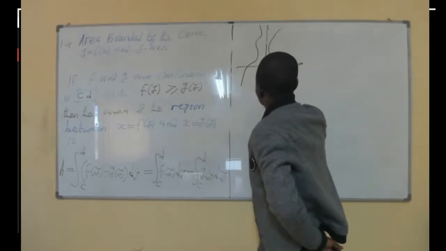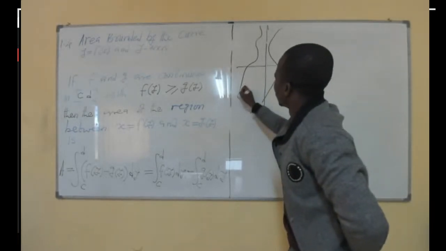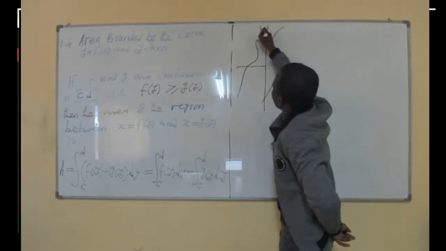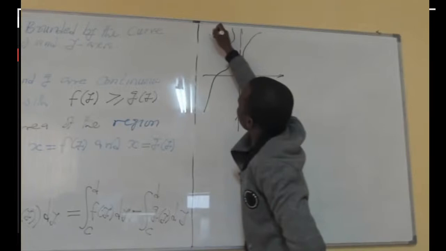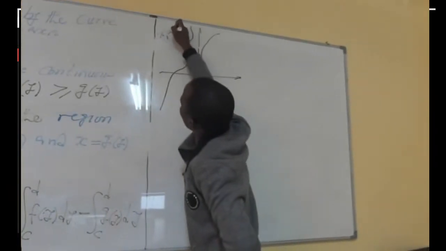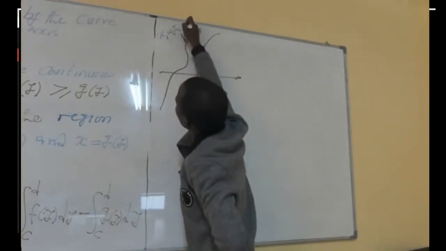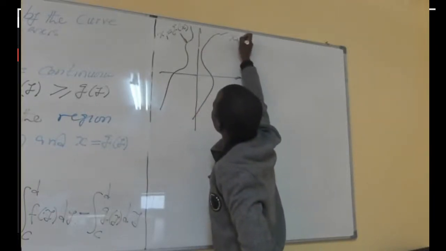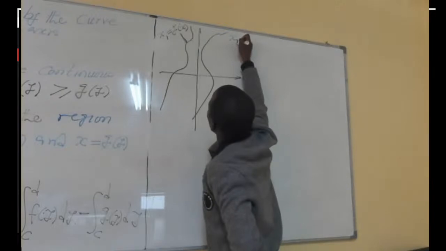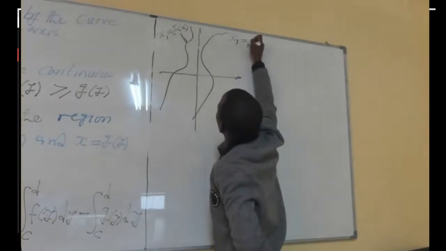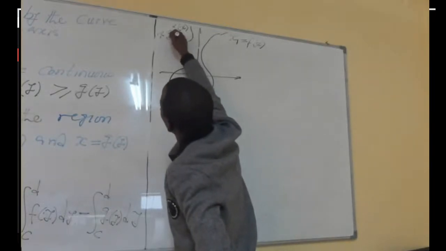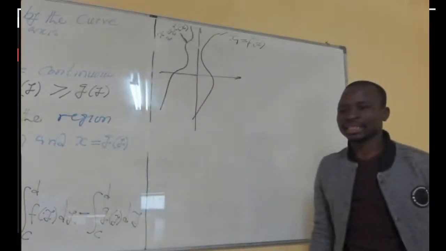Now, they're asking you, maybe this curve, this one is x1, which is equal to g of x, and this one is x1, which is equal to f of x, and this one is x2, which is equal to g of x.